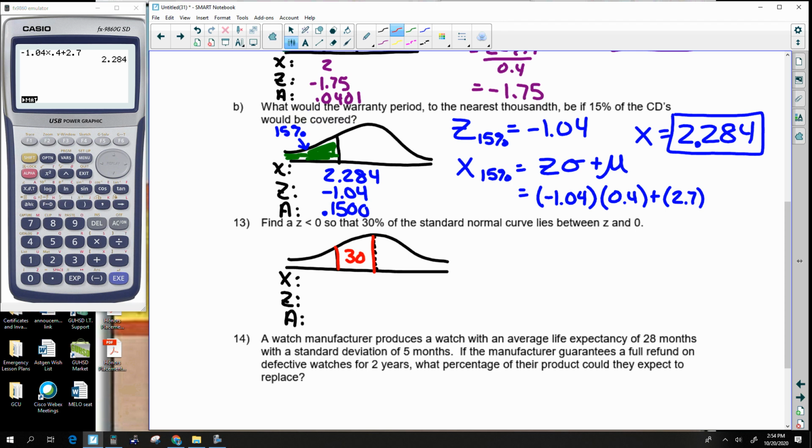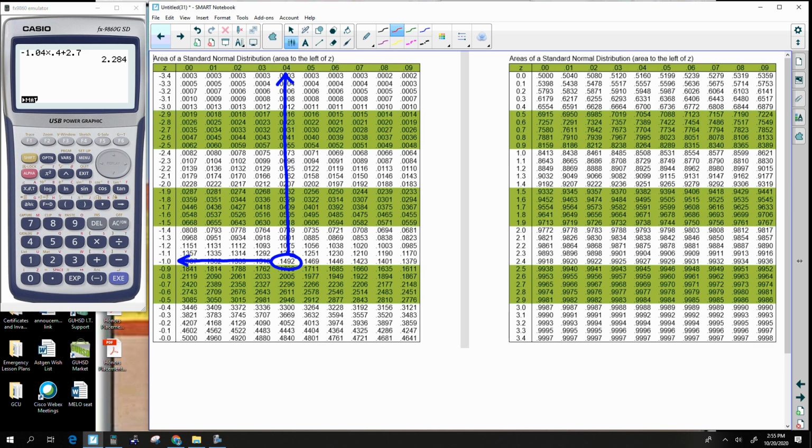And that's the trick right here. Because when I look at this table, all of these are areas to the left. So no matter what I look up, it's always going to give me an area to the left. So if this is going to be 30% to the middle, what would be the area to the left?